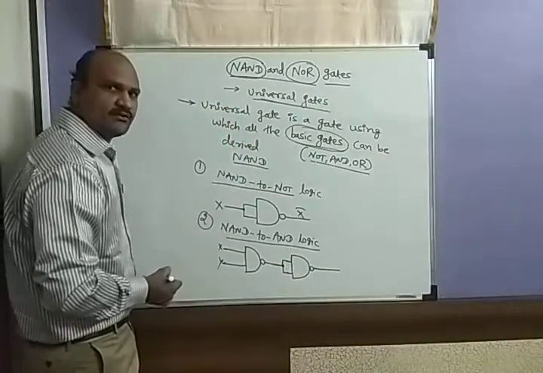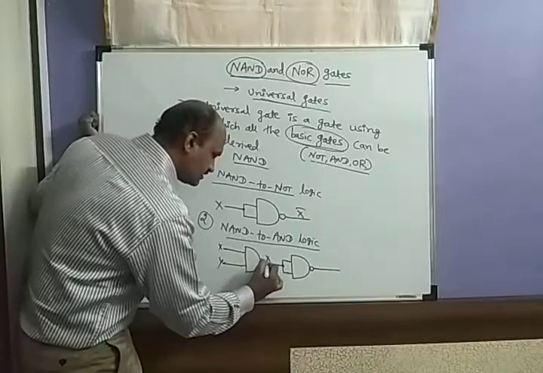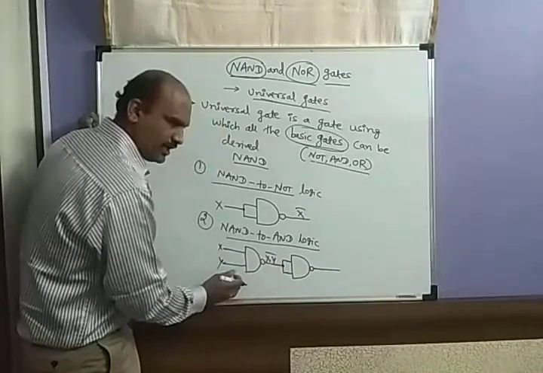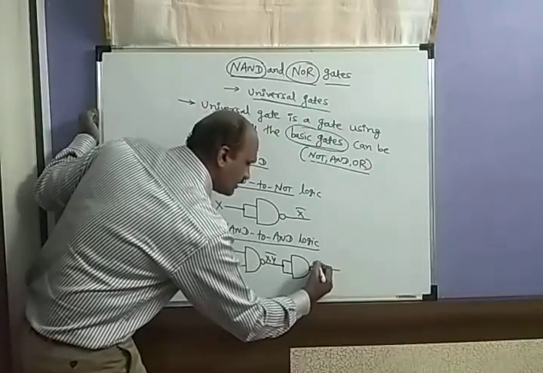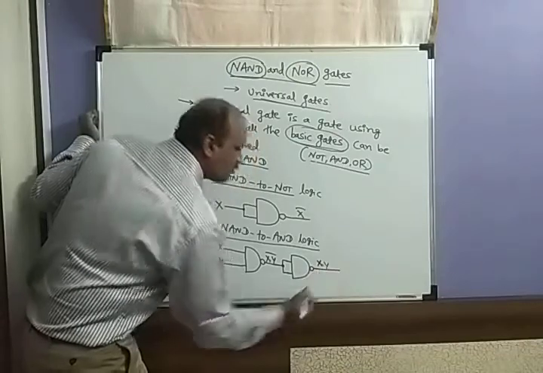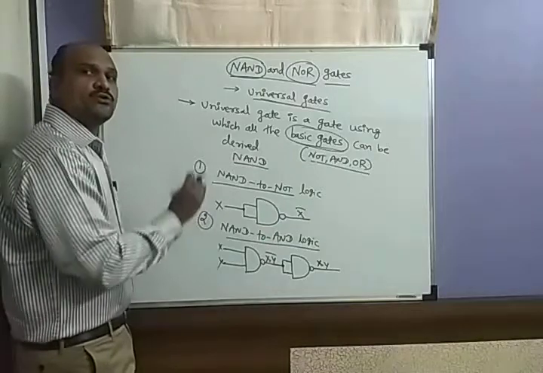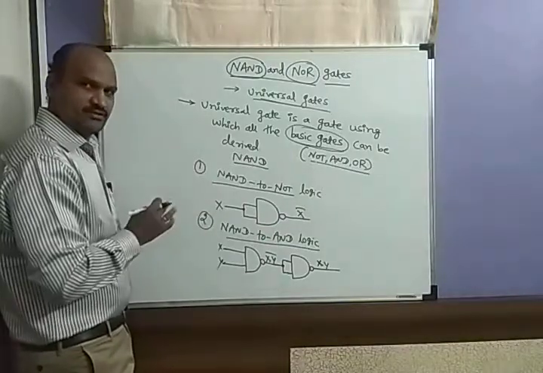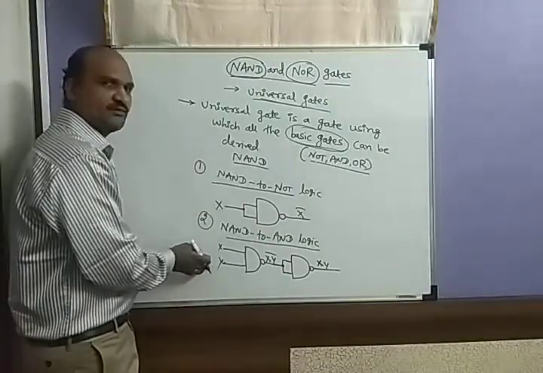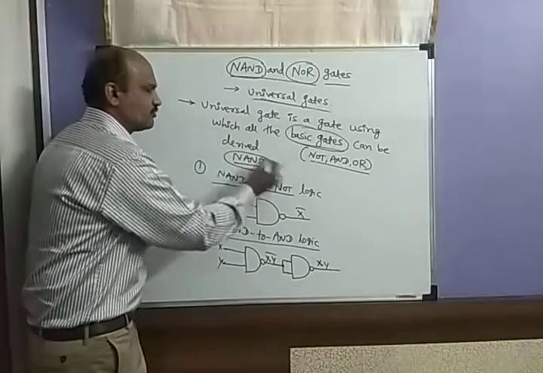What will happen is, it becomes X into Y whole bar. Then if you give another NAND gate, it becomes X into Y. So that is NAND to AND. You have to use only NAND gates.